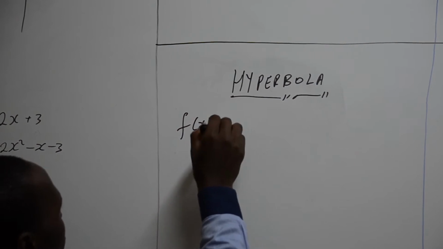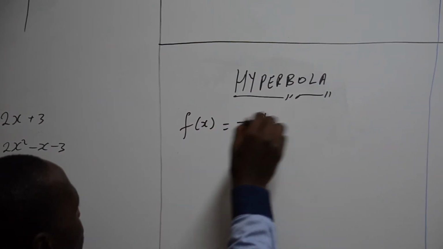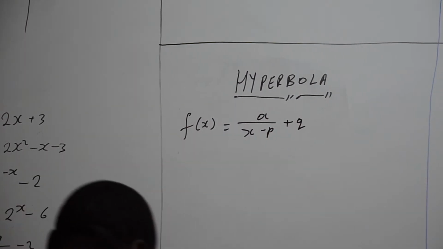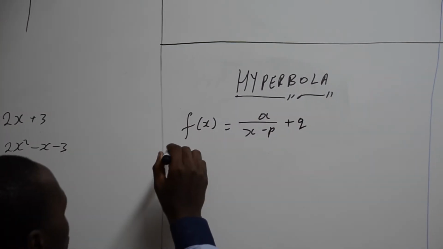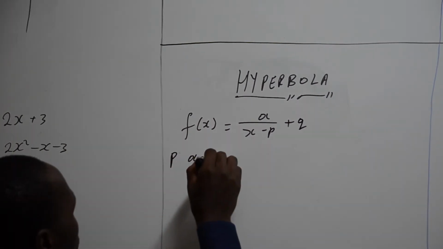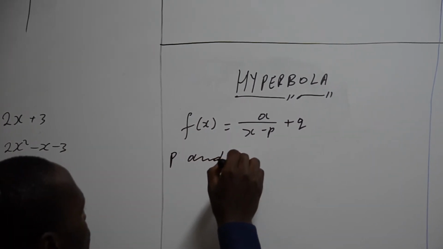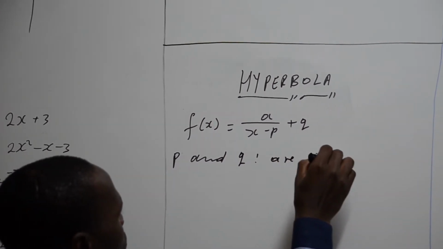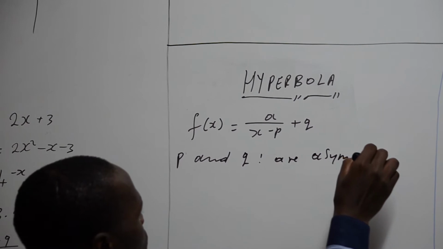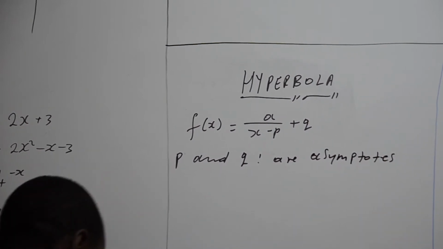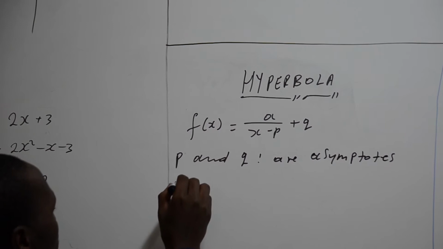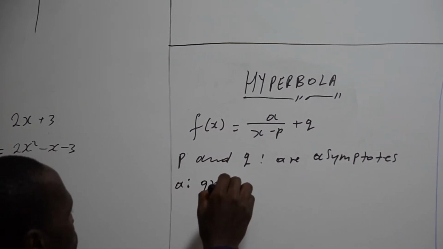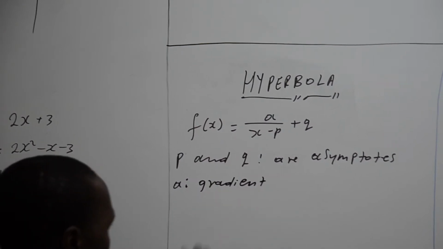Another equation you have is a over x minus p plus q, where p and q are the vertical and horizontal asymptotes. So your asymptotes are one along y, one along x. Your a is the gradient for the shape, as we saw with the parabola.